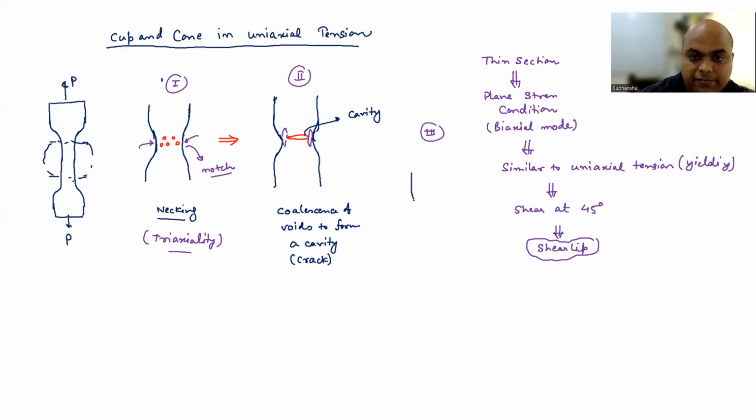We have this sample having the neck, and then you also have a cavity or crack here. Now in the thin region left, we are going to form a shear lip, say something like this at 45 degrees. So this purple one is the shear lip.